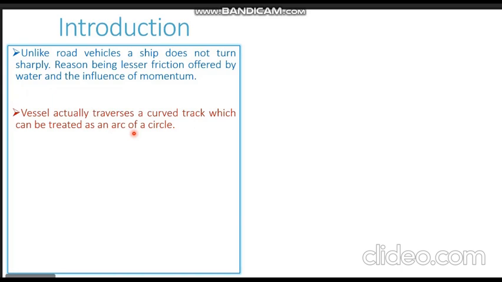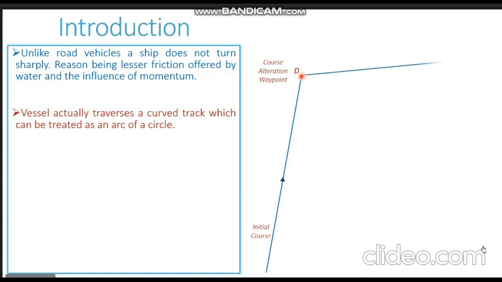Let's try to understand this using a diagram. Let us assume that this is the initial course of the ship. You can follow the laser pointer. At this particular point, we have a course alteration. This is point delta. So at this particular point, the vessel has to alter its course, and this is our final course.